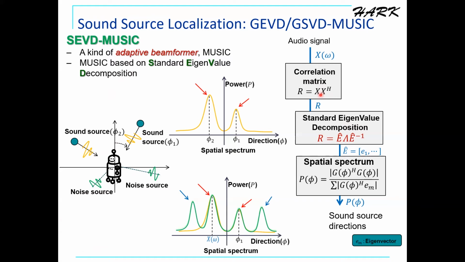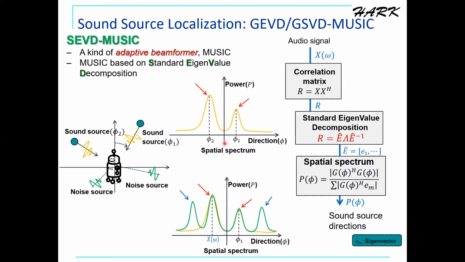By utilizing the characteristics that eigenvectors are orthogonal to each other, MUSIC can produce a sharp peak in the direction of each sound source, like this figure. That's why MUSIC can easily localize sound sources in the real world.